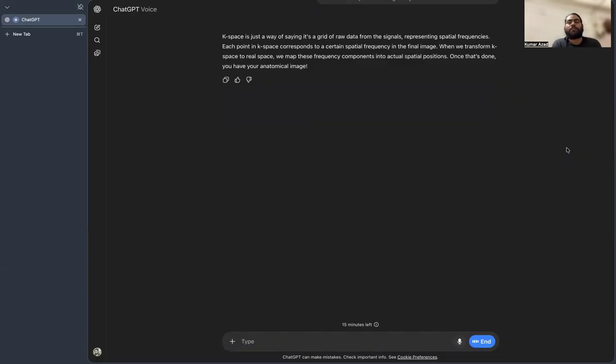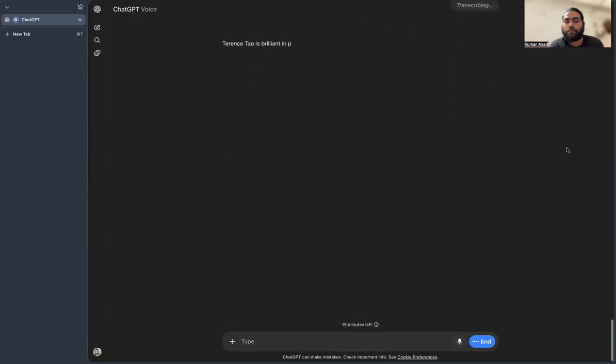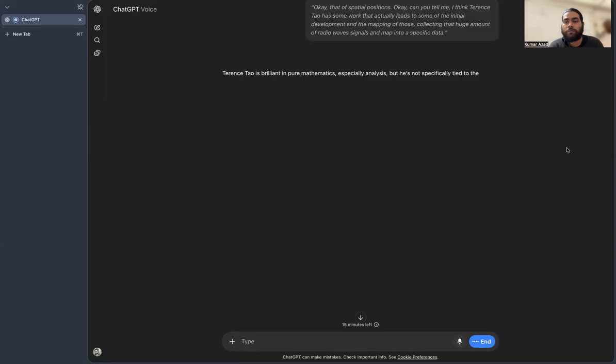I think Terence Tao has some work that actually leads to some of the initial development and the mapping of those, collecting that huge amount of radio wave signals and mapping them into specific data. Terence Tao is brilliant in pure mathematics, especially analysis, but he's not specifically tied to the development of MRI.